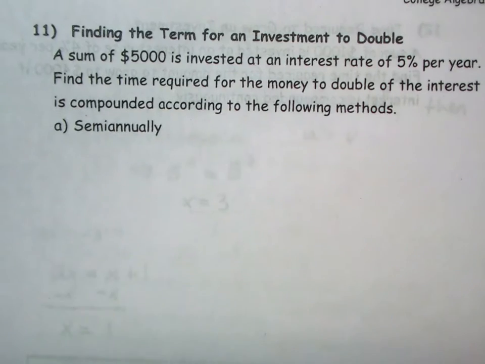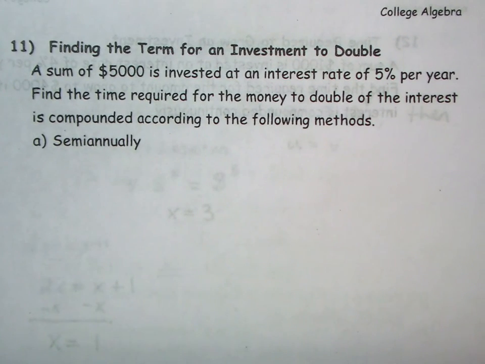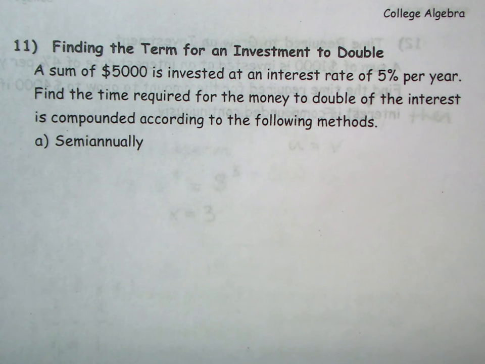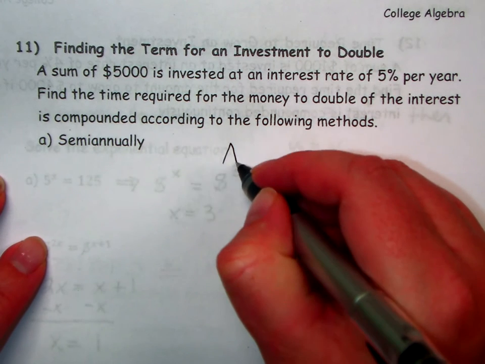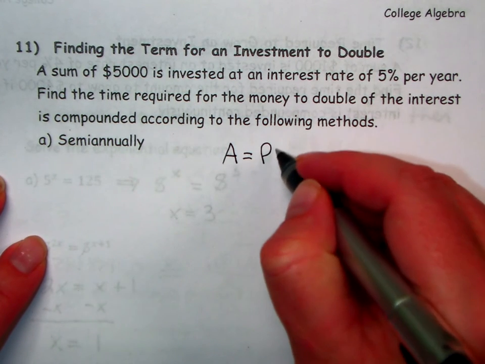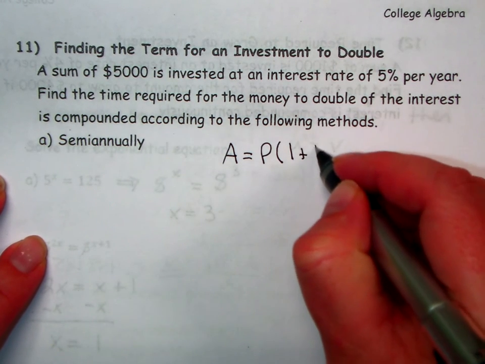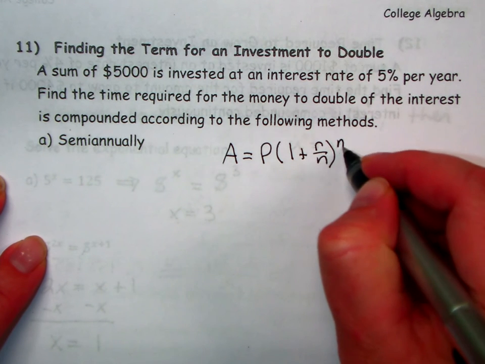All right, the next word problems are going to be financial, so we're looking at those interest equations. Remember, we have two different interest equations. We have A equals P times 1 plus r over n, raised to the nt.